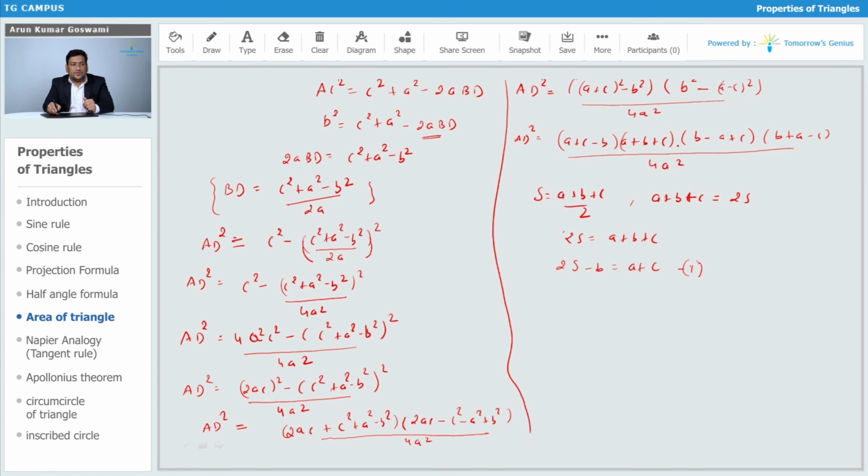And also B plus C will be 2S minus A, this will be the second result. And also A plus B is 2S minus C.